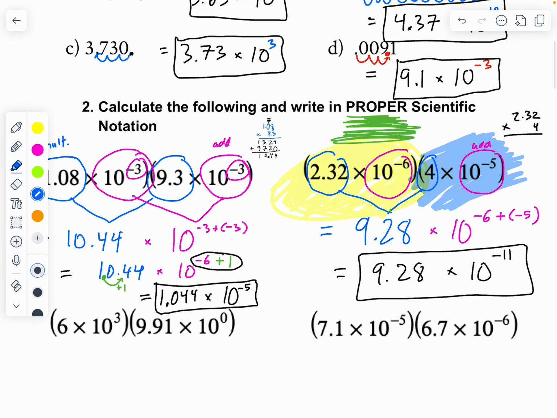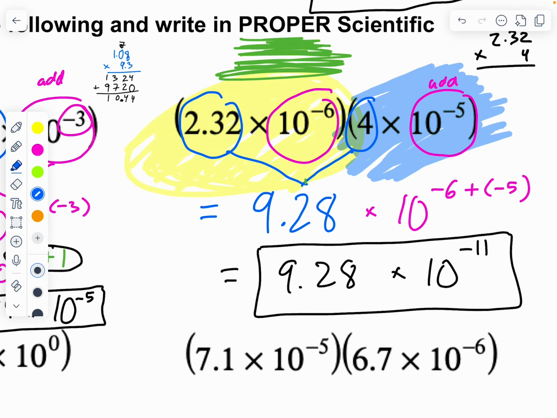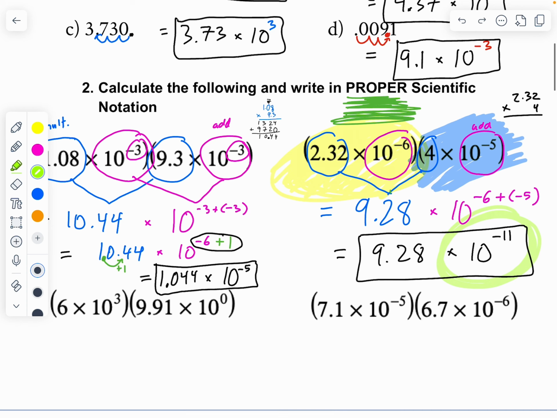Now, what happens if you multiply a small number by a small number? You get a really small number. Do you agree that this is a really small number? Yes, that is a much smaller number. That's the reason why we have to add the exponents, because small times small is really small.